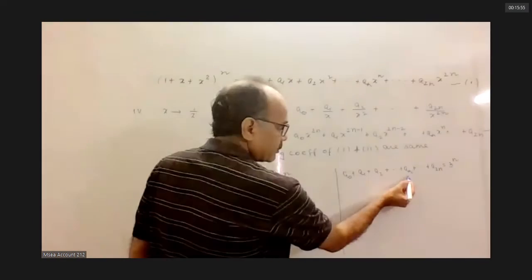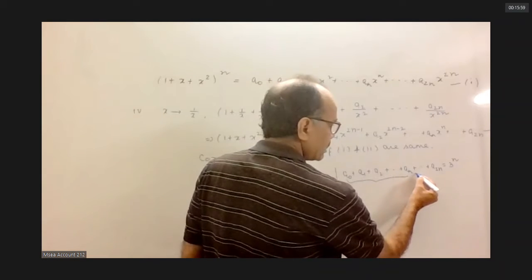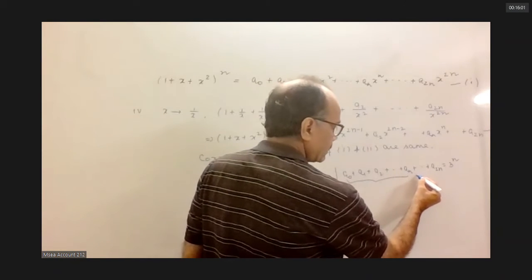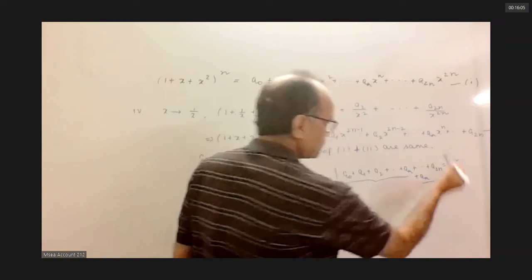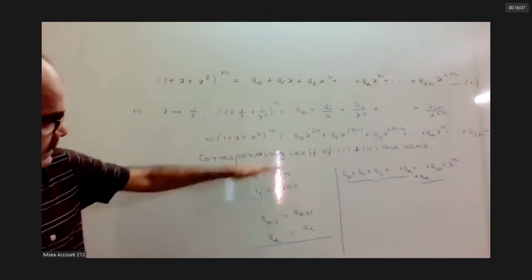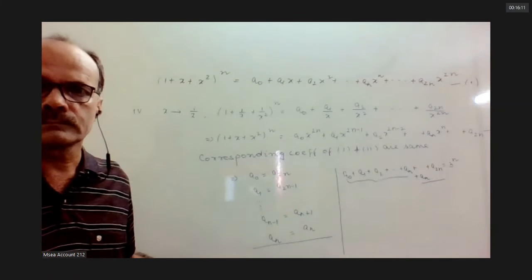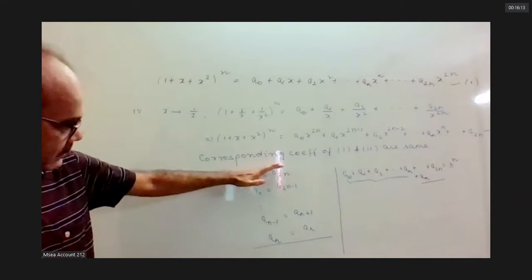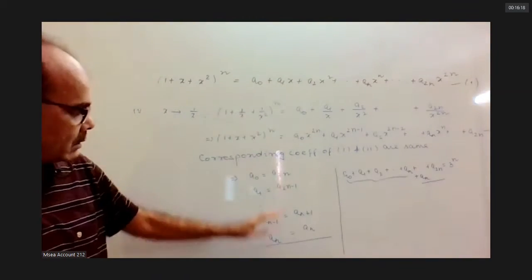Now, the value of these terms, and if you add one extra an, the value of these coefficients are the same from here. Same or not? The number of terms here is 2n plus 1, odd.